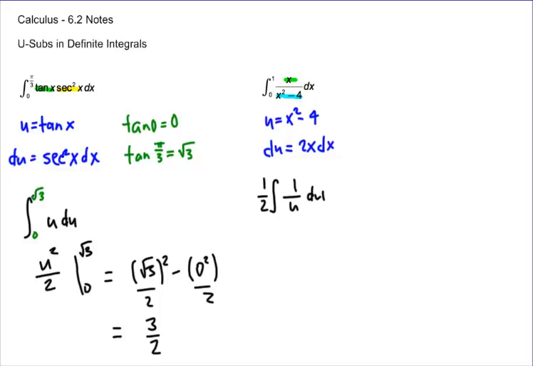du. And again, just like with the previous problem, we can take these limits of integration and plug them into my u right here. So when I do that, I get 0 squared minus 4. That's my lower limit, so my lower limit of integration would be negative 4.